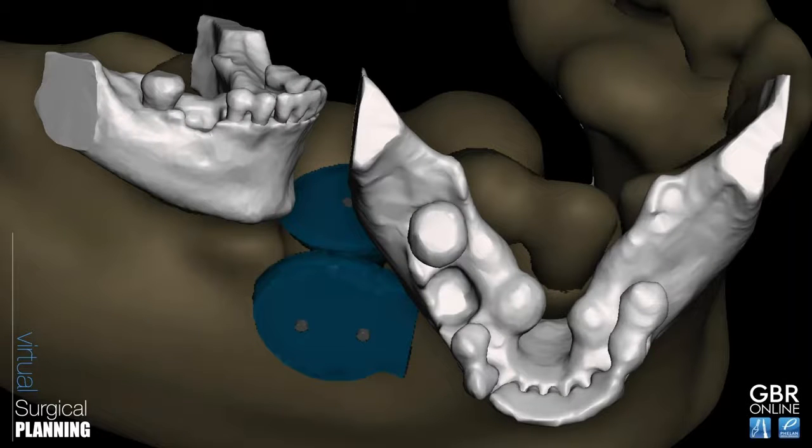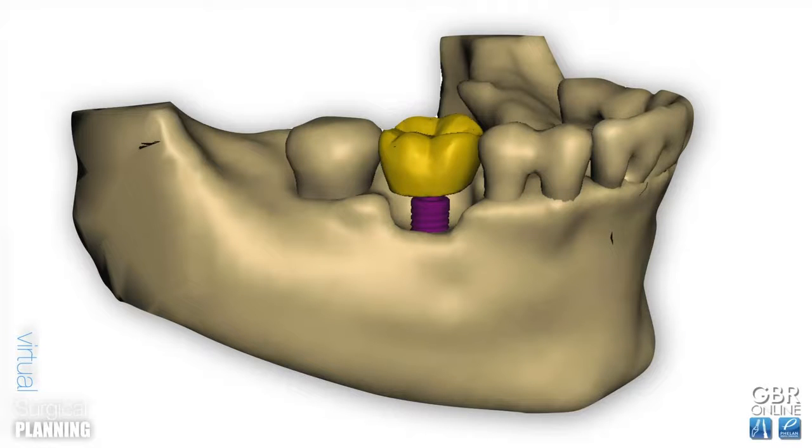So the plan was to take the tori and cut it in multiple slices to reconstruct some bone plates to allow us to reconstruct that bone loss in that socket. So what we do first, again, we put our virtual crown in, place our virtual implant, and then we look at our defect.